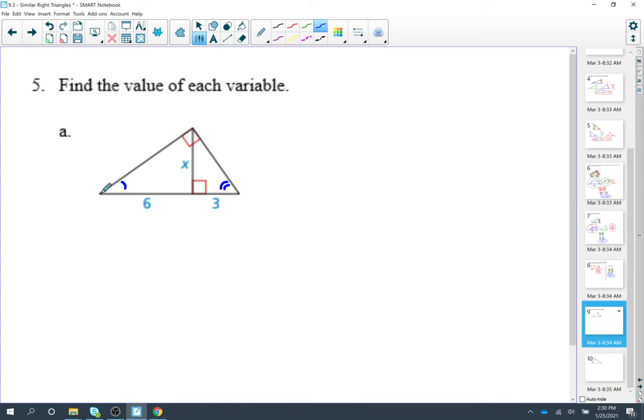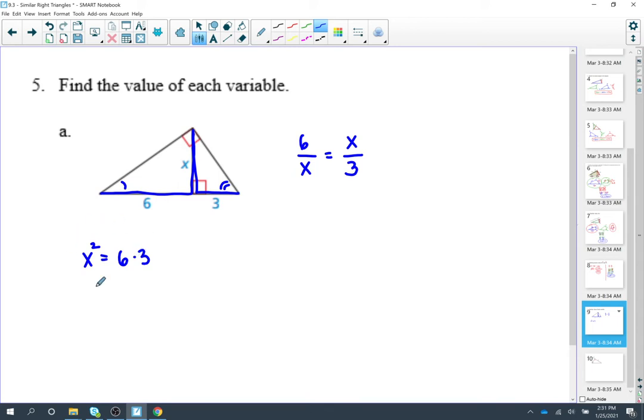So I'm going to use the heartbeat: 6 over X equals X over 3. The other way it told us to do it was to take the altitude, X squared, equals 6 times 3.